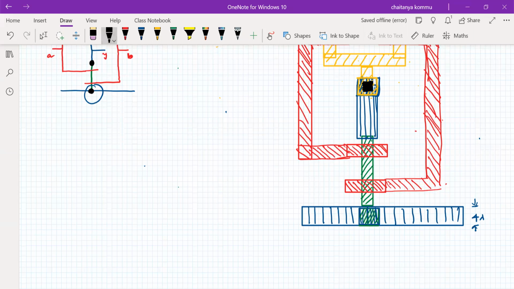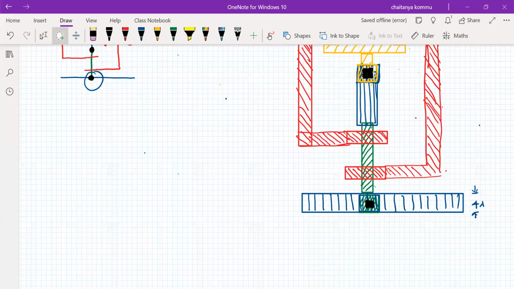So there is a contact cut at the bottom. Right. So the similar contact is required. Copy.